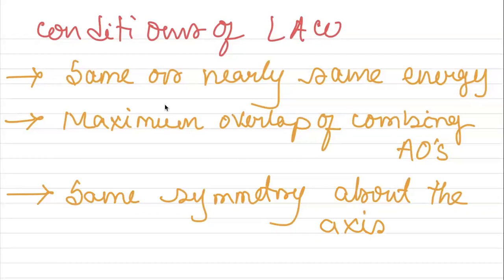That means they will have the same symmetry about the axis. Then only linear combination will be possible. Clear? That means same energy, maximum overlap, and same symmetry. This is the main condition for linear combination of atomic orbitals. Clear?